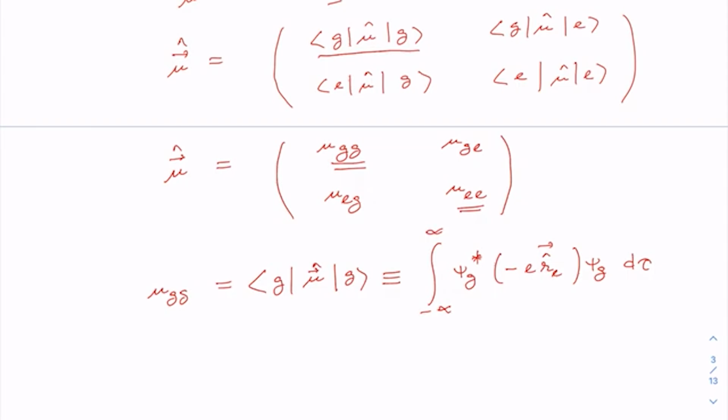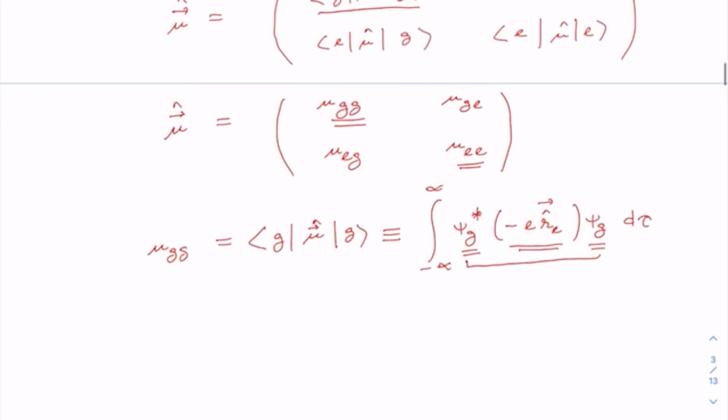Now the dipole moment operator has an odd parity, it's an odd function, but this wave function has a definite parity, and because of that, this whole integrand is an odd function, and because the integration is taken from minus infinity to plus infinity, you know that integration over an odd function will result in 0.